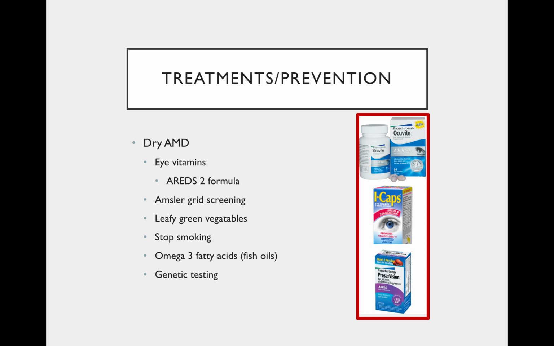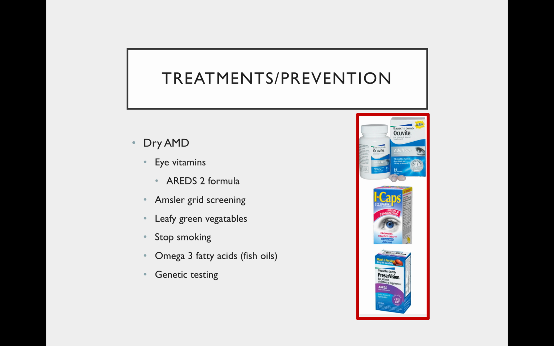In terms of treatments for dry macular degeneration, there is none. However, there are certain steps we can take to prevent further progression. They include eye vitamins. The AREDS 2 formula was demonstrated in a large government-sponsored trial to prevent further progression of macular degeneration.